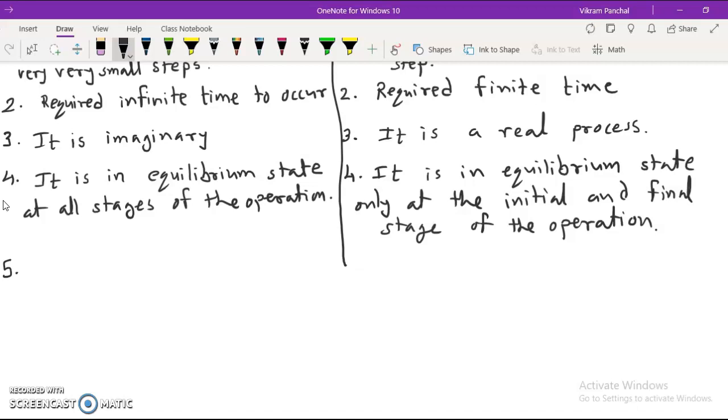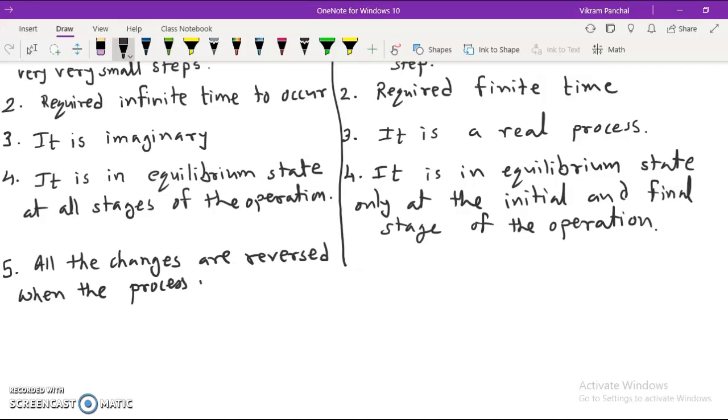Next, all the changes are reversed when the process is carried out in a reversible direction.